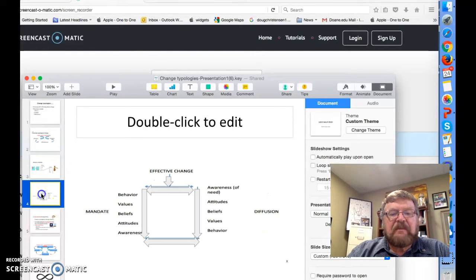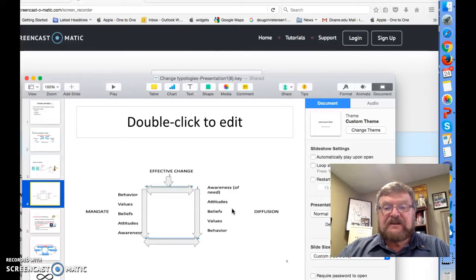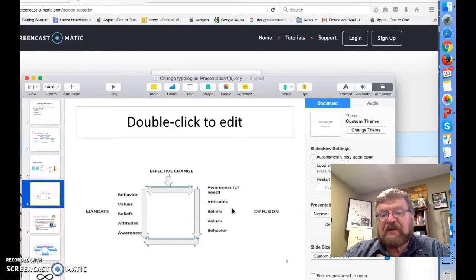When you look at the models together, I put them into this effective change model. Let's put it into practical terms. Let's say your New Year's resolution is getting more physically fit and healthy. If you use the awareness model, you begin to read a lot of material, building the awareness of the need to do that, the benefits of it, the kind of things you need to do, how you're going to feel, how you're going to think differently, and so forth, because then your attitude starts to change.